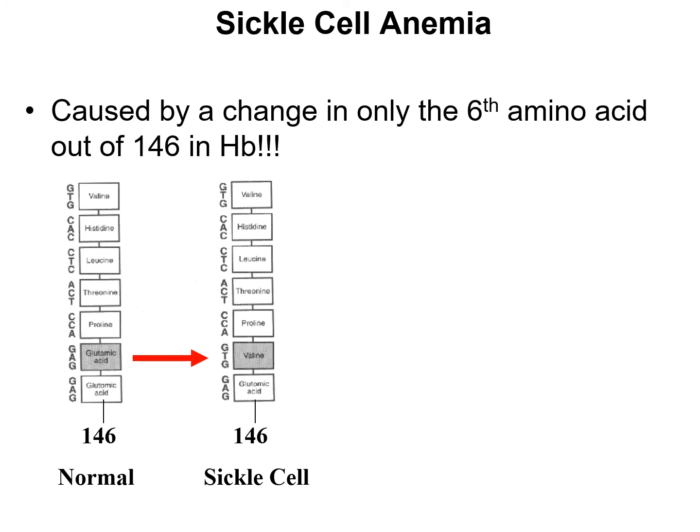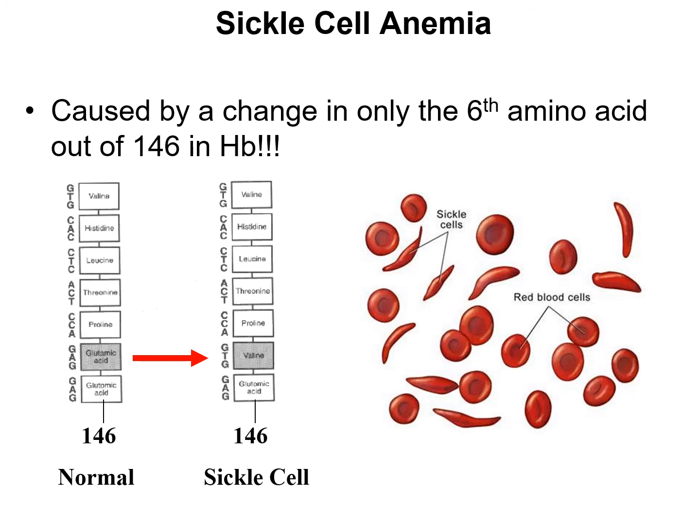Sickle cell anemia is caused when the glutamic acid, which is the 6th amino acid, is changed to valine by a simple mutation where the A is changed to T. And this change in just that one amino acid of 146 leads to a situation where when there's a decrease in oxygen in the blood, the red blood cells take on a sickle-like shape. And this causes all kinds of problems.